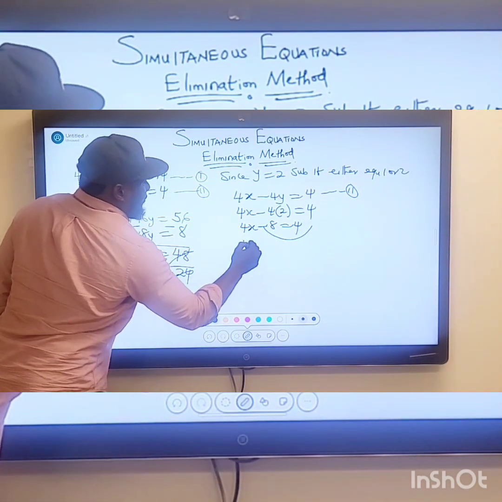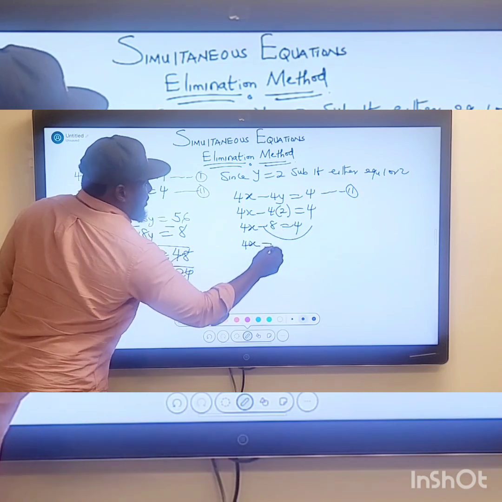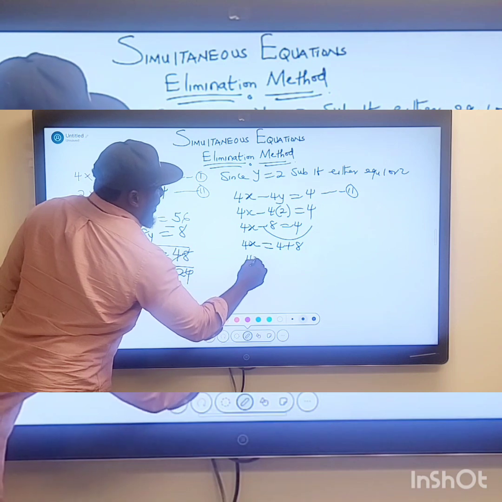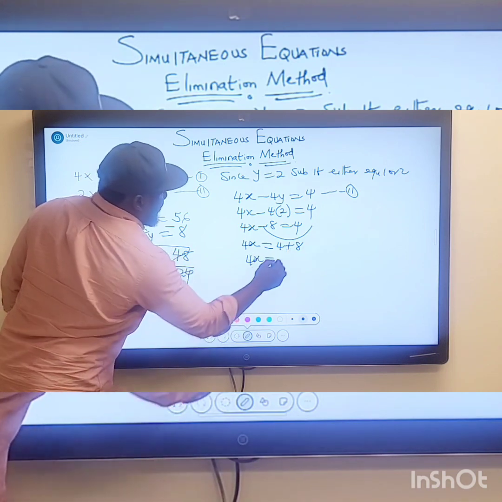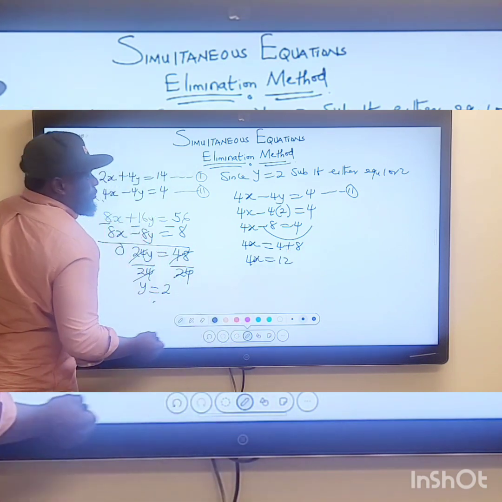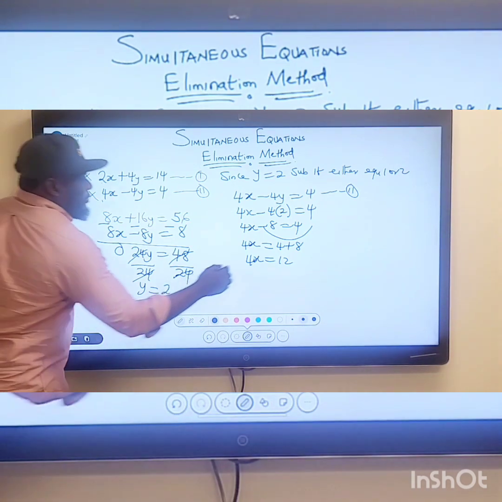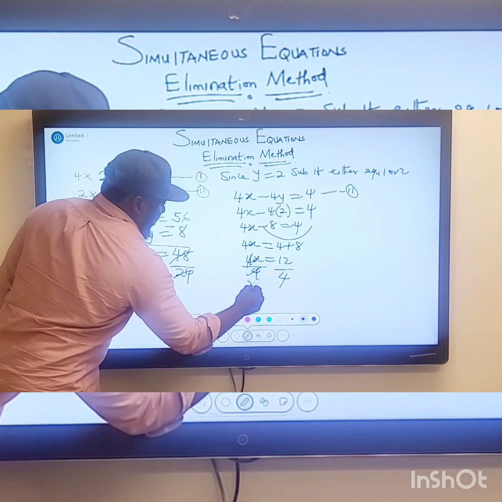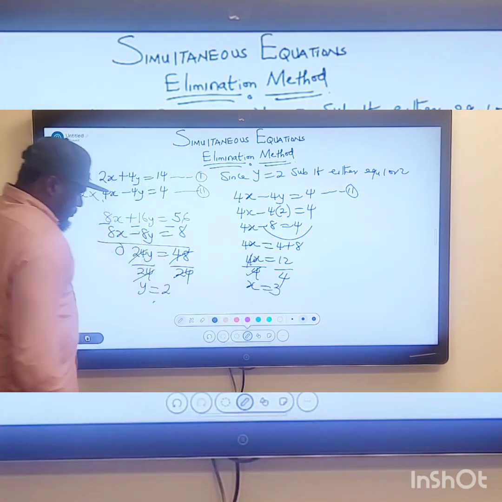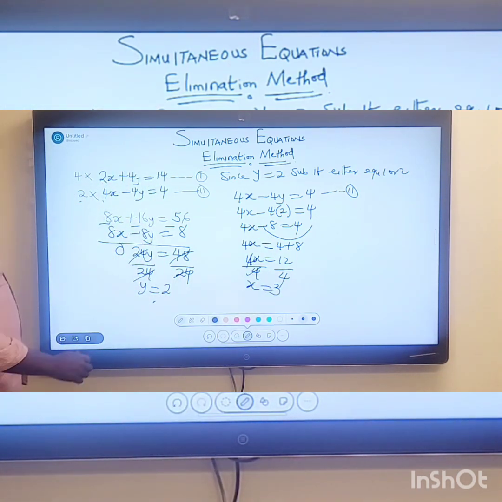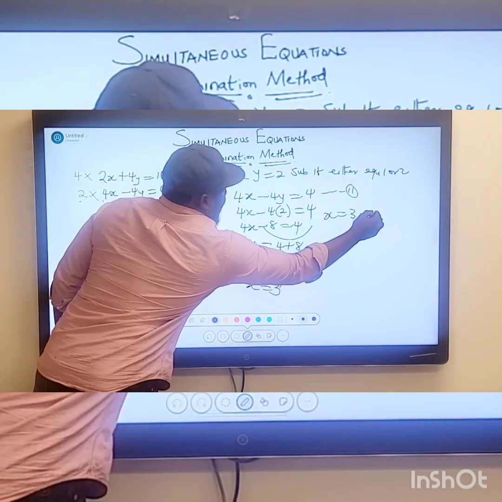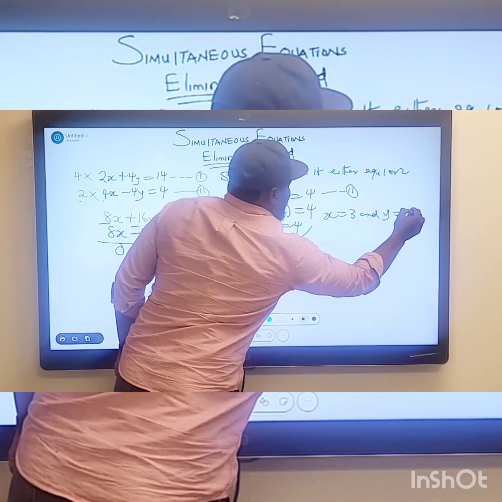So you have 4x equals 4 plus 8. So 4x equals, if you add that together, 12. So we want to make x the subject of the formula, so we divide by 4. Cancel. So x is equal to 3. That means x equals 3 and y equals 2.